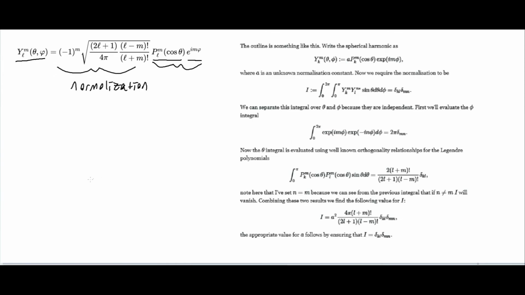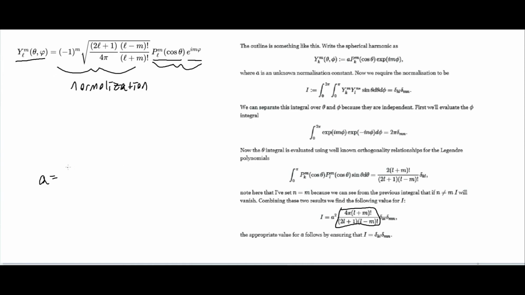We have the a squared there, and so a will be equal to... we're just dividing both sides by all of this right here, and then taking the square root.